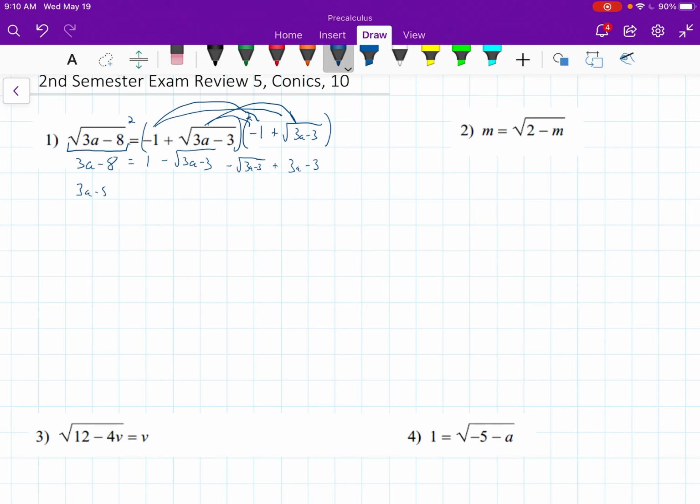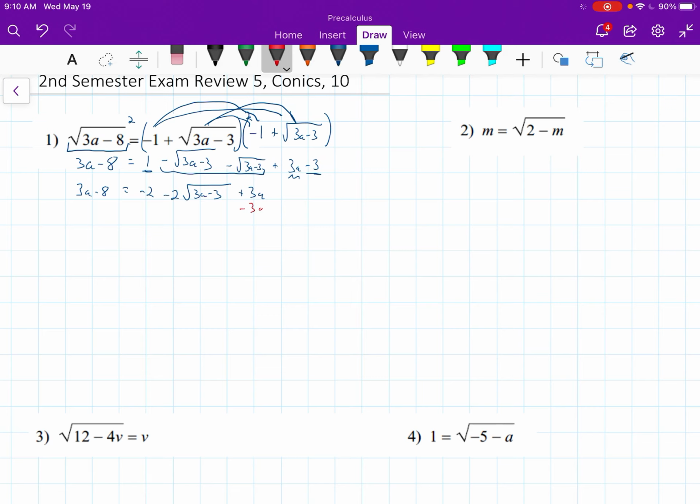We'll add some like terms here on the right side. So we have a 1 and a negative 3, which is negative 2. These two added together is negative 2, root 3a minus 3, plus 3a here. And now we have one radical, so we're going to isolate that radical. We're going to get everything to the left side.